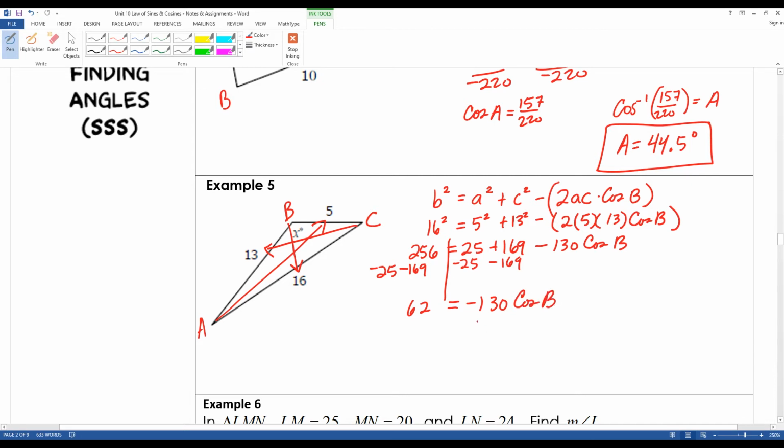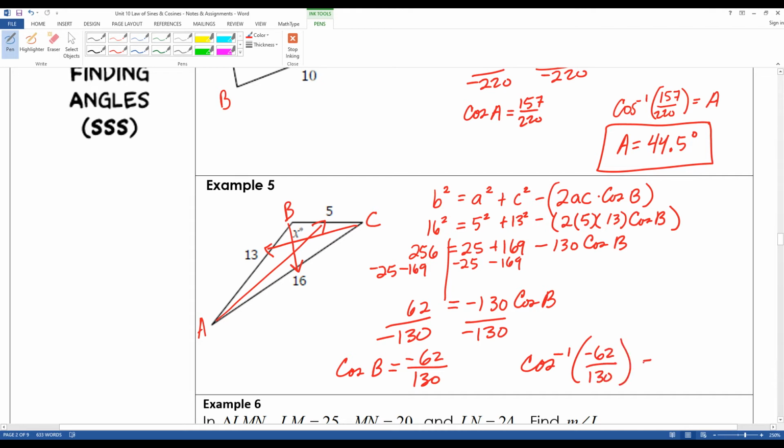Okay, and just like last time, we'll divide by the negative 130. So there's my fraction. The cosine of B is going to equal negative 62 over 130. And then remember, we use the inverse of the fraction. I don't have to reduce it because I'm just using it to find the angle.